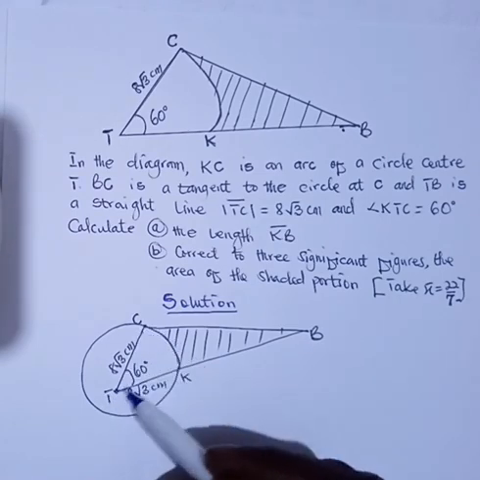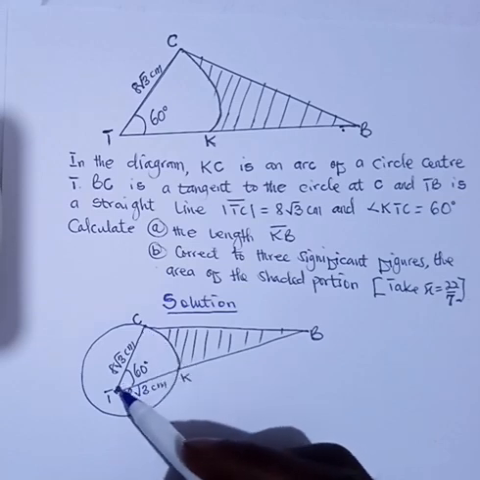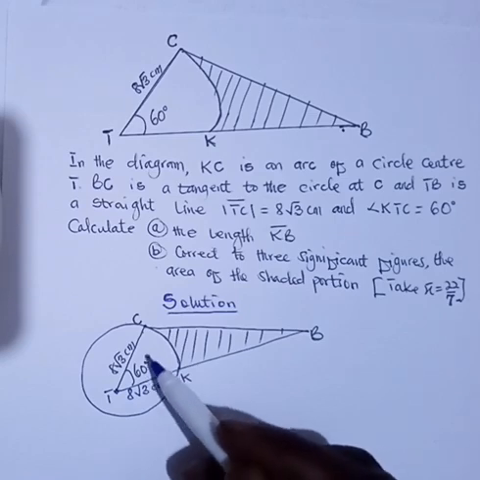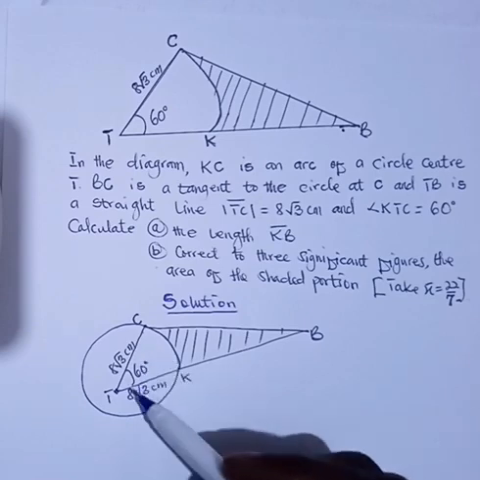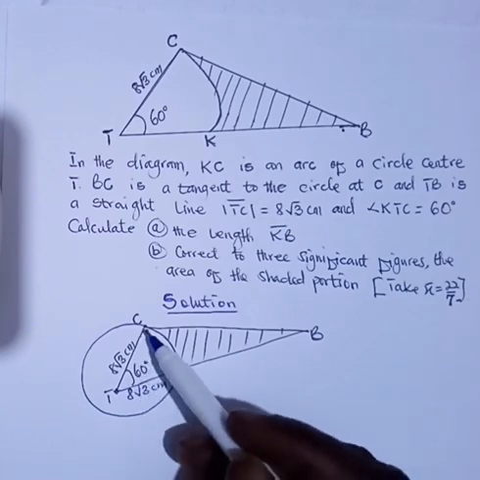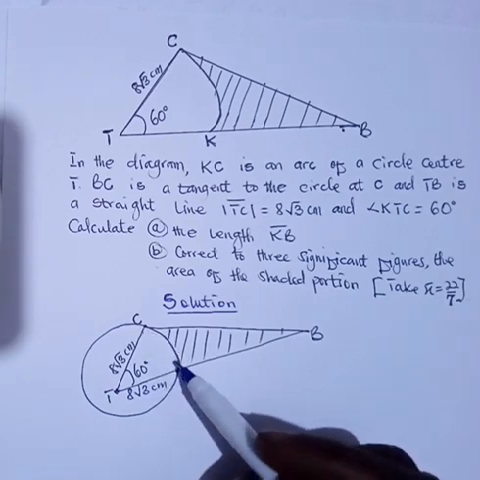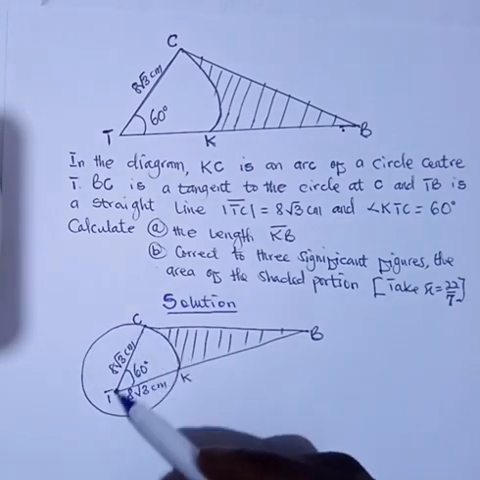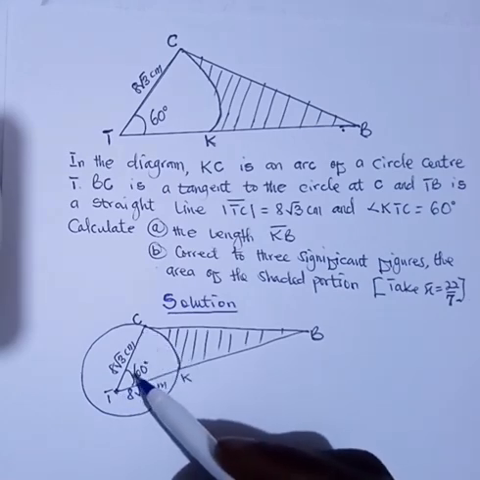When you have two radii bounded by an arc, what name is given to that part of a circle? A part of a circle having two radii which is bounded by an arc is called what? A sector. So the sector in this diagram is CTK.